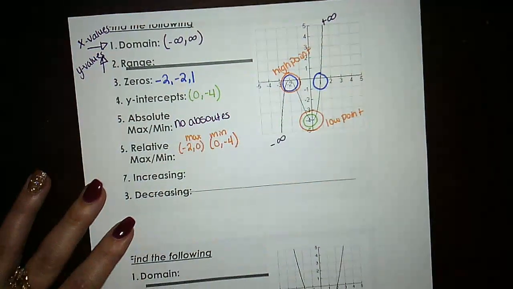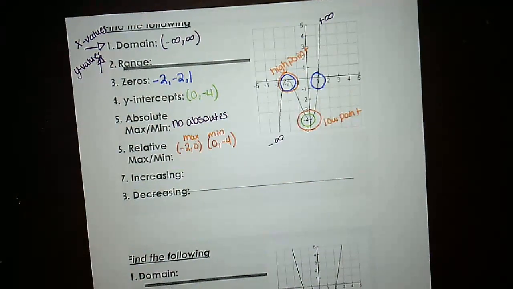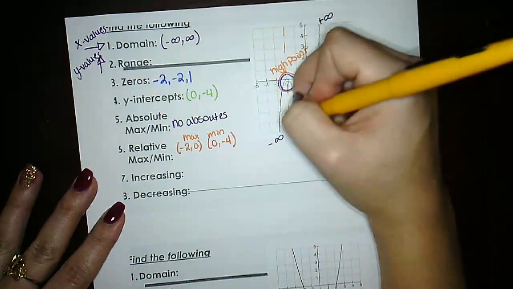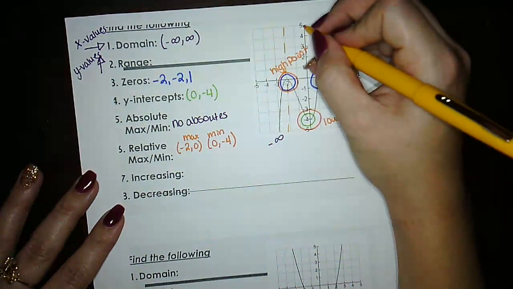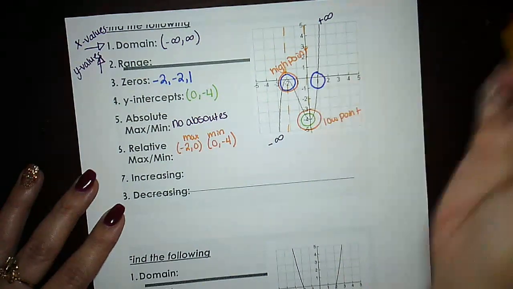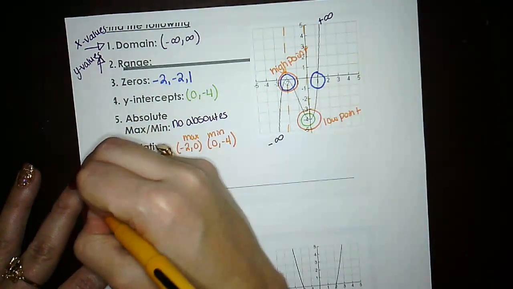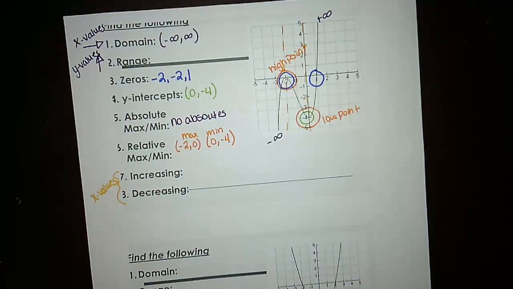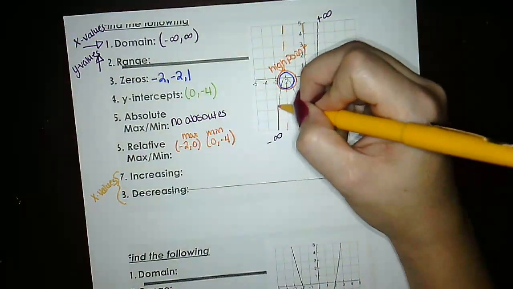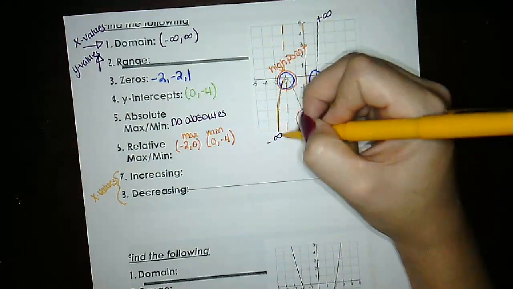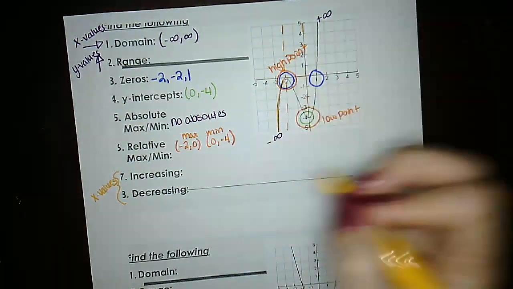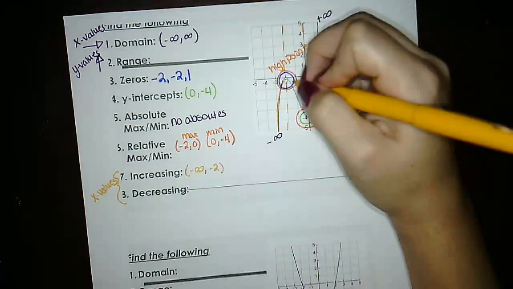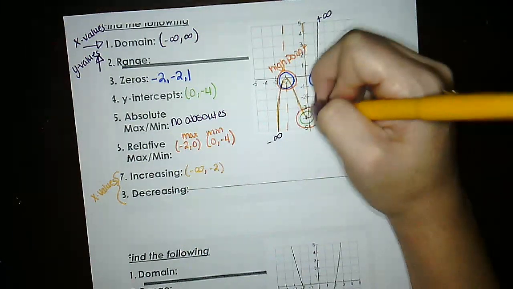Last thing we've talked about is our intervals of increasing and decreasing. And if it helps, draw your dotted lines every time something new is happening. And again, both of these are x values. It's going uphill here, so it's increasing from negative infinity to -2. Then it's decreasing from -2 to 0.